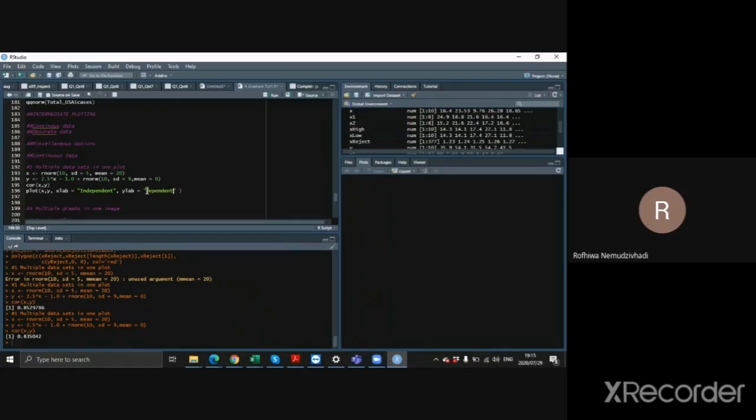And then we're going to introduce the main, which is the heading of our graph, and I'm going to call it random distribution.